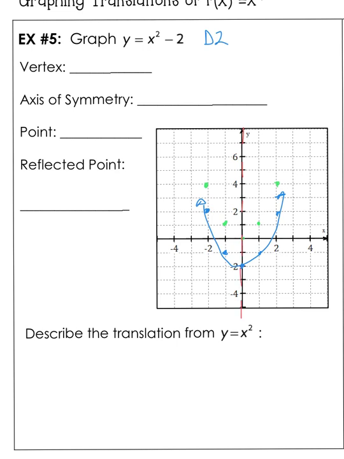All right, so that's our axis of symmetry. This is our vertex. So the vertex has moved down from (0, 0) to (0, -2). From that vertex, I should get two different things: the axis of symmetry, which is x equals 0, and the max or min. Since this opens up, I have a minimum of negative 2.